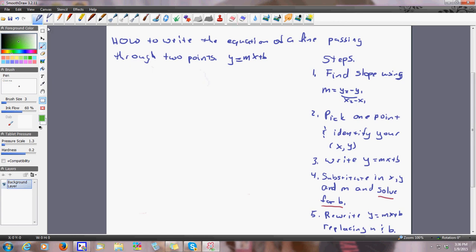Let's see. If I do negative 2, negative 3, and then let's say 3, negative 5. Hopefully this will be not nice. And the reason why I want it to be not nice is because I just want you to realize that the worst thing that can happen is the numbers just don't work great.